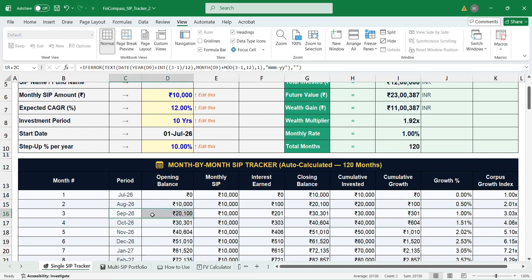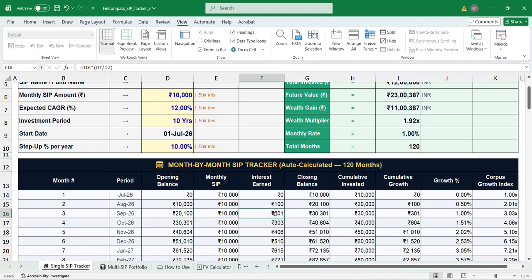Now let's go to the next month. In September, again you are investing another 10,000 rupees. The previous closing balance is 20,100 rupees, so with another 10,000 the total amount in your account becomes 30,100 rupees.